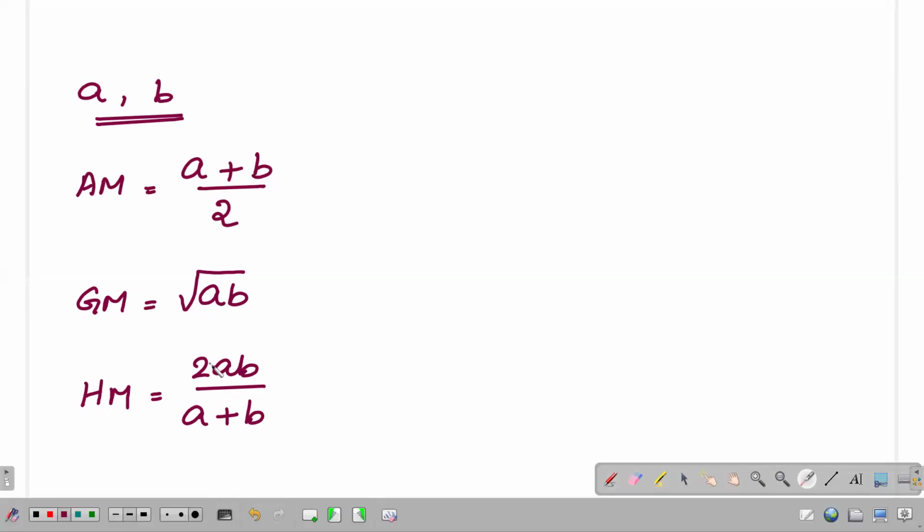So kindly consider this small conceptual input also. AM will always be greater than or equal to GM, and GM will always be greater than or equal to HM, the harmonic mean.